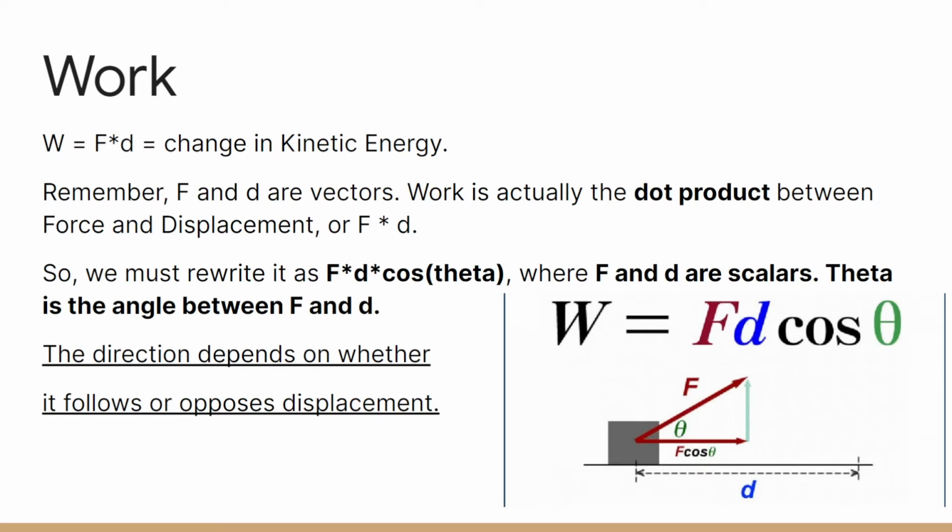Well, essentially, if the object starts moving in the other direction, or it's trying to, or slowing down, it's going in the other direction because of this force, okay, then it's going to be a negative work. The force is going to be creating a negative work on the object. So just keep that in mind, because sometimes when you're writing your equations, you can't forget to leave out the negative signs.